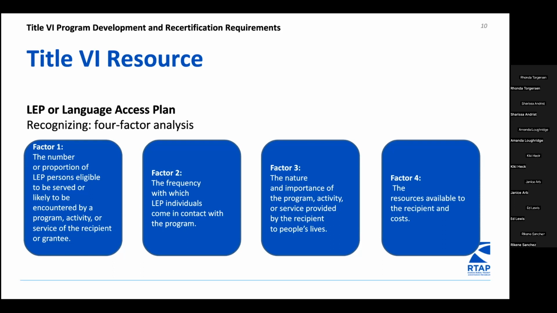So within the resource, I go into further depth about this. And it's good practice to keep track of how many times you're offering someone language access services or how frequently you run into people who are having trouble accessing the services because of a language barrier. But keeping these things in mind and tracking it allows you to have a better understanding of the frequency with which the LEP individuals come in contact with your program so that you can keep that in mind when you're developing the plan.